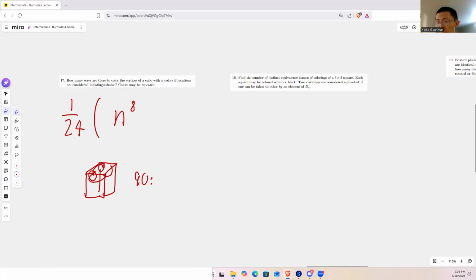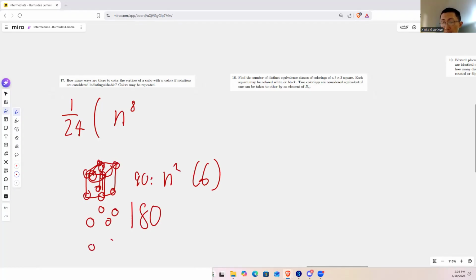So these four vertices are the same color, and by similar reasoning, these four are the same color as well. So n squared. If we have a 180-degree rotation about this axis, then this gets sent here, this gets sent here, this gets sent here, and this gets sent here. So it's n to the fourth.